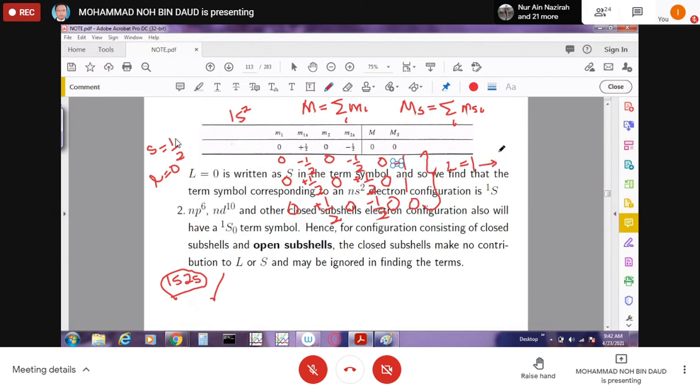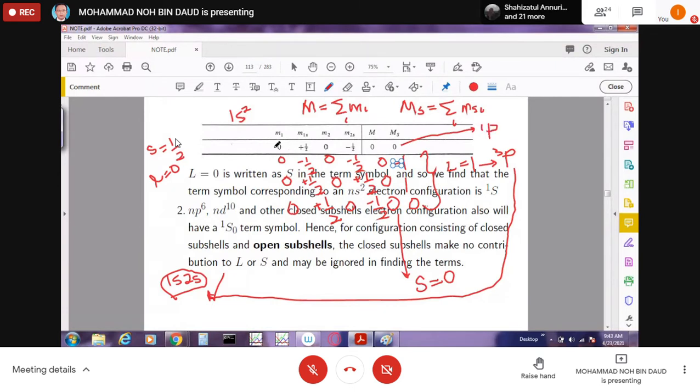So the L1 is the P. The spin of all 0 here will give S 0. This is triplet P. The triplet P here is one of the term symbols for 1s2s. And at the same time you can also get here singlet P. Singlet P is also one of the atomic term symbols for this 1s2s. So we have two term symbols for 1s2s.